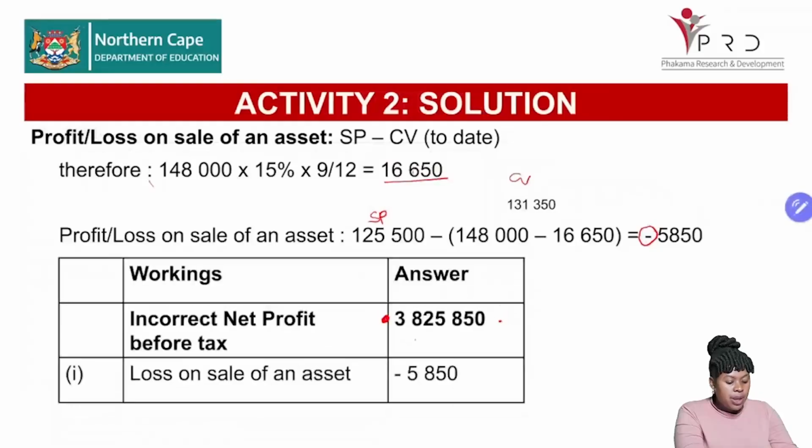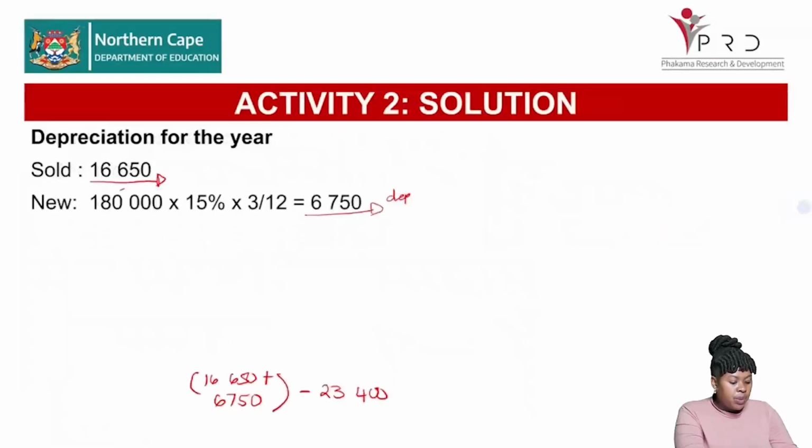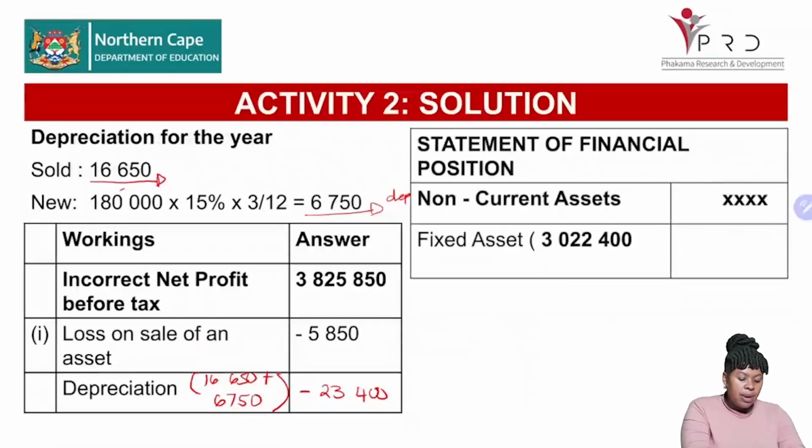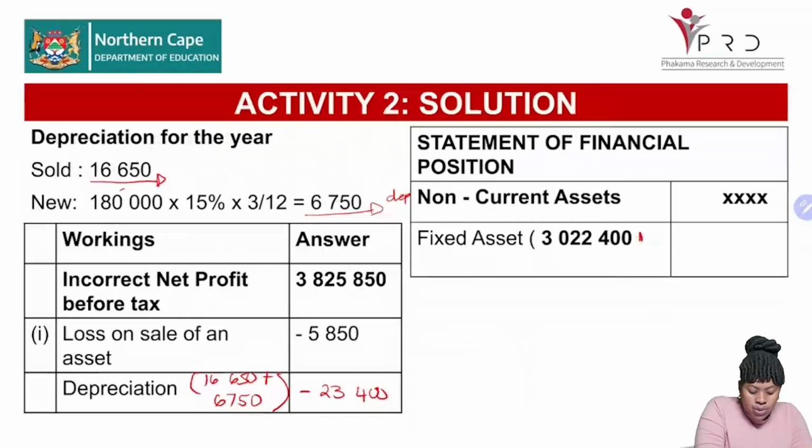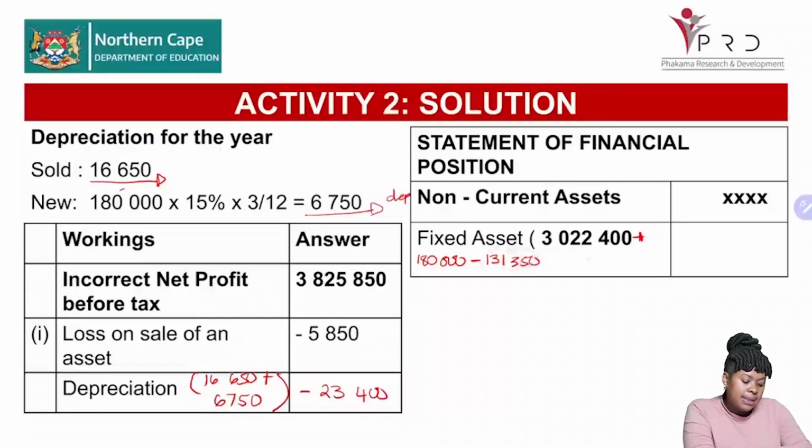So these are the adjustments that we need to now indicate in our fixed assets in our statement of financial position. Okay, so we are going to add the new one, which is 180,000. And we need to subtract the old one at carrying value, 131,350. Okay, this is the carrying value that we've calculated. Because remember, we have our carrying value at the beginning, and then we've got our additions. So this is our additions.